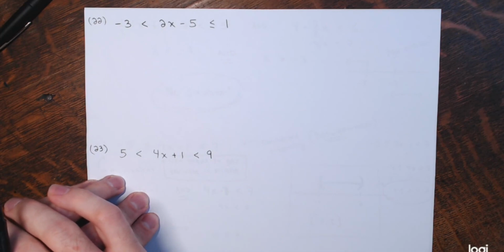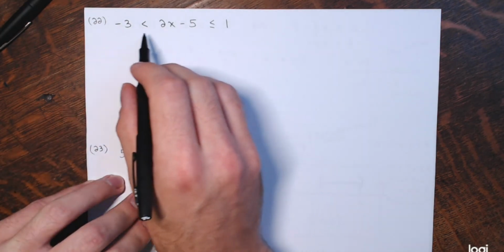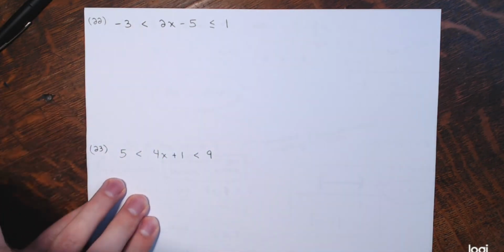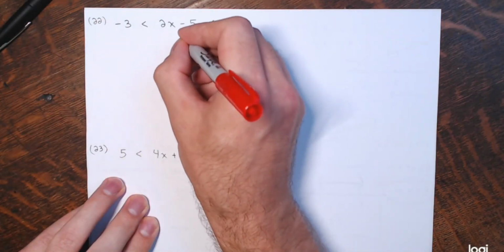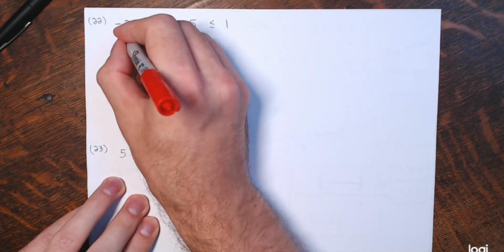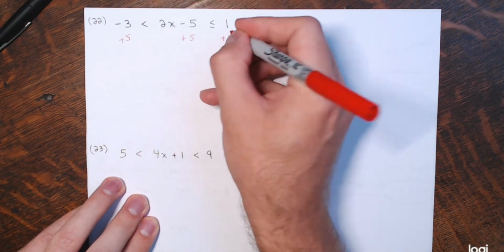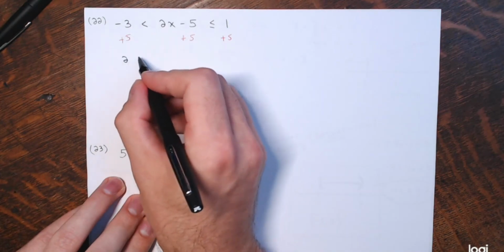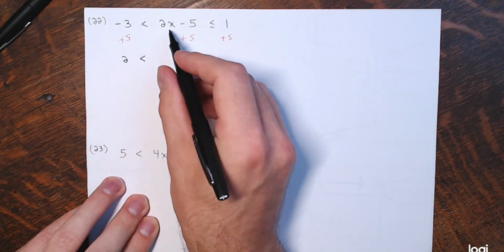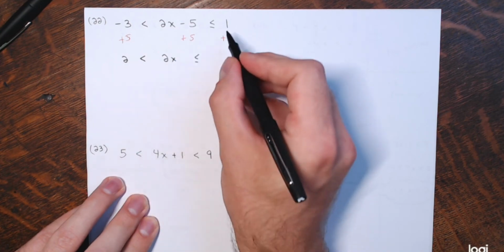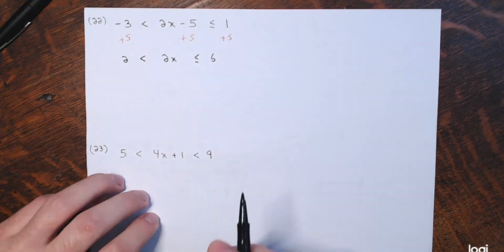All right. So for this one, I would add 5 to all three parts. And I'll actually write out the steps for the first few of these. So to get x alone in the middle, my first step would be to add 5, right? Get rid of this negative 5 here, and I do it to all three parts. So over here we have positive 2 is less than 2 times x left in the middle, is less than or equal to 1 plus 5 is 6.